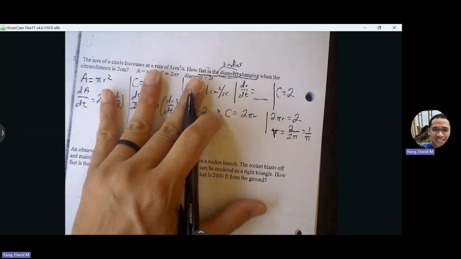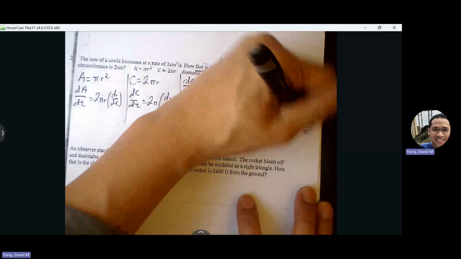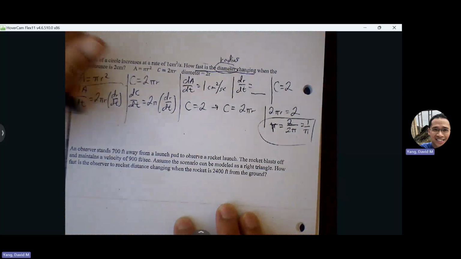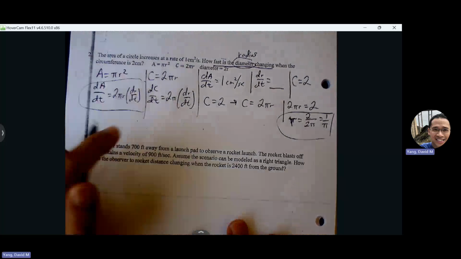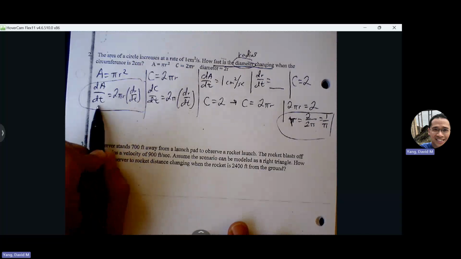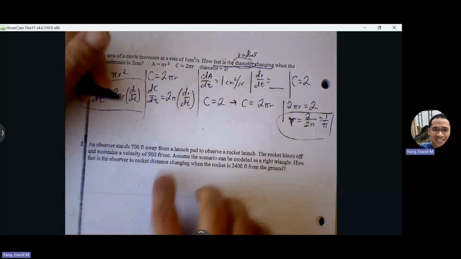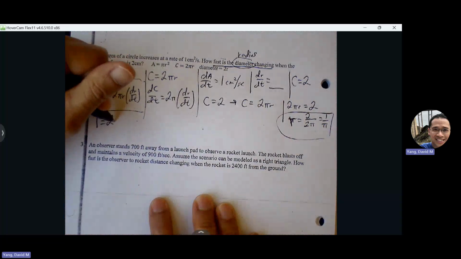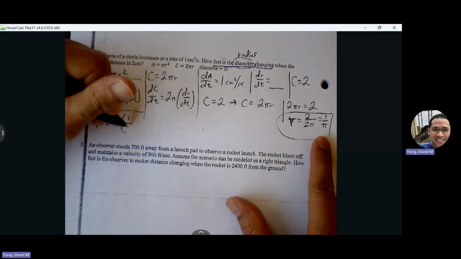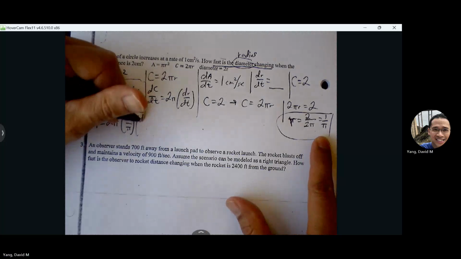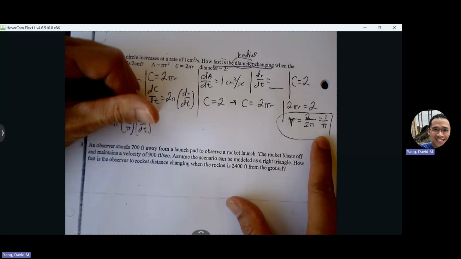My radius is simply equal to 1 over pi. So I'm going to take that and see if I can get down to my dr/dt. So dA/dt is 1. So 1 is equal to 2 pi r dr/dt.